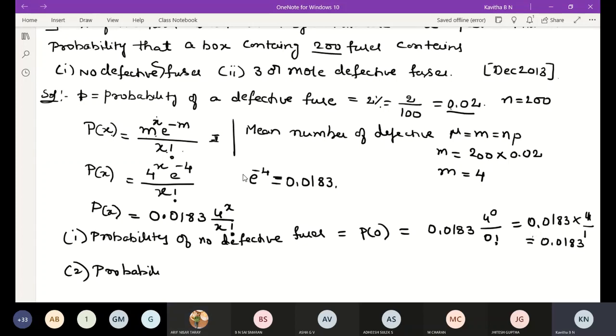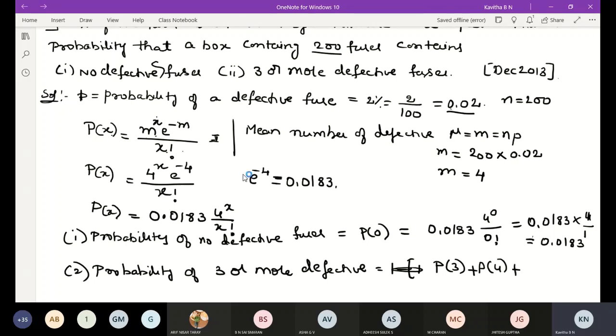Okay, probability of 3 or more defective. We are writing here 1 minus. More defective means 3 or more, so P of 3, including 3, plus P of 4 plus P of 5 and so on.